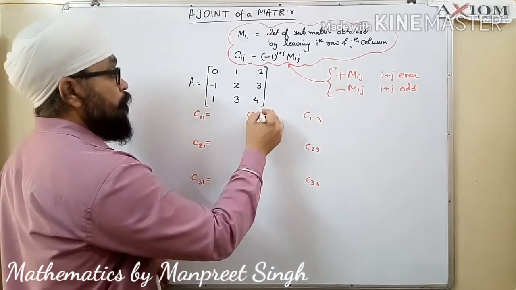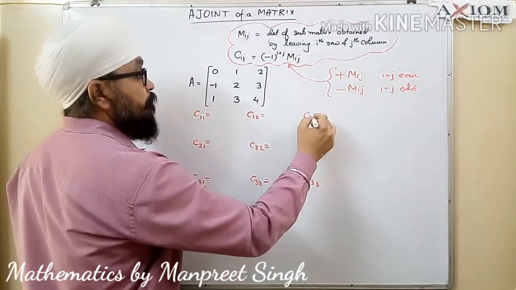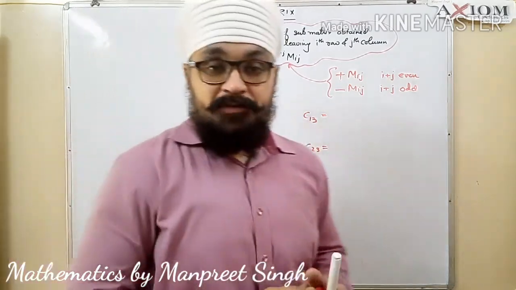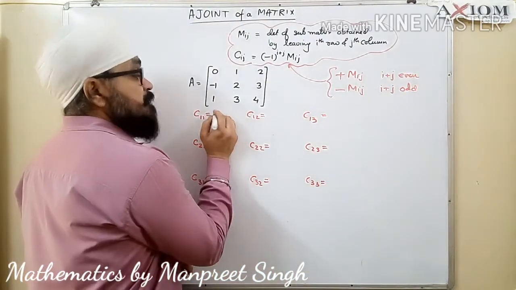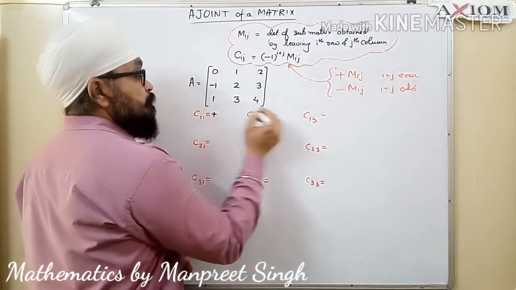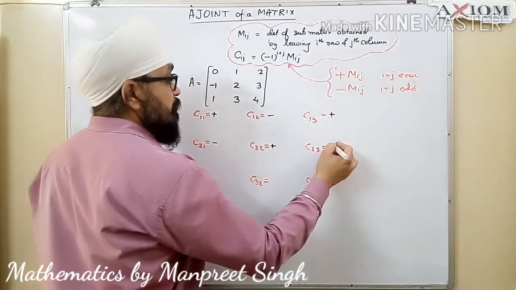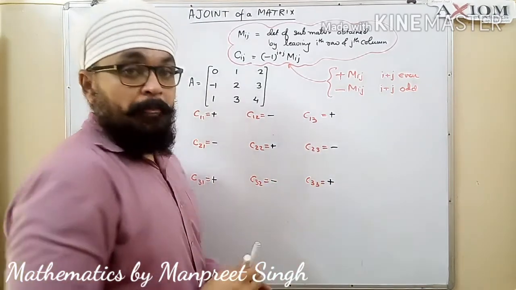So for these cofactors, we already know there is a difference of minus and plus with the minor. Minor के साथ plus minus का फर्क है, तो मैं पहले ही plus minus के sign लगा दे रहा हूँ. This is plus minus plus, this is minus plus minus, this is plus minus plus.